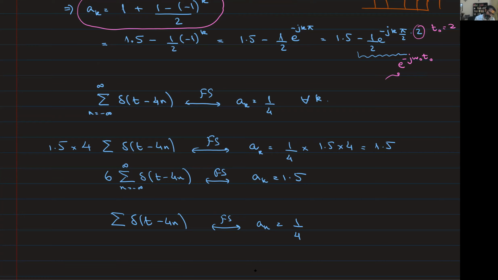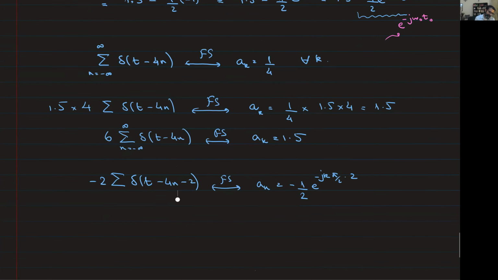So minus 8, if I multiply, then this would be minus half. Oh, minus half? Sorry, just multiply by 2. And if I just multiply here with e raised to power minus j k pi by 2 times 2, so this must be 2 here.